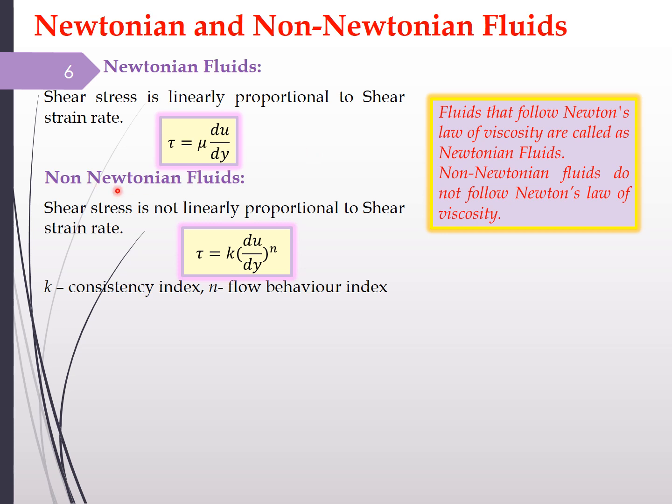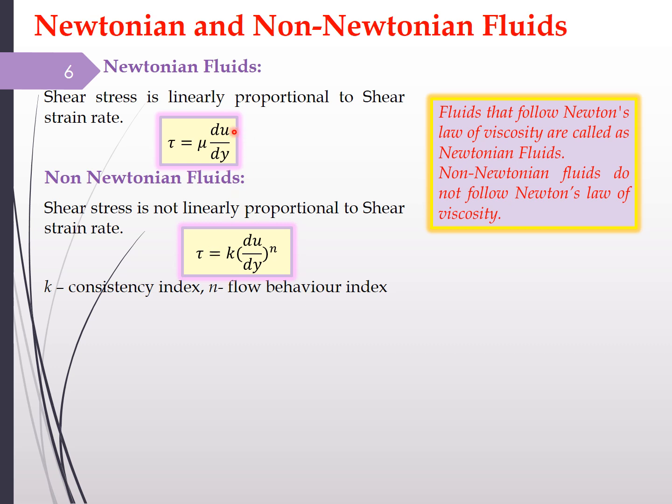For non-Newtonian fluids, shear stress is not linearly proportional to shear strain rate, and shear stress is given by this formula wherein K is the consistency index and n is the flow behavior index. So those fluids which do not obey Newton's law of viscosity will be called non-Newtonian fluids. We have different types of non-Newtonian fluids.